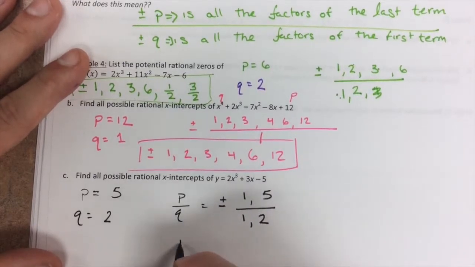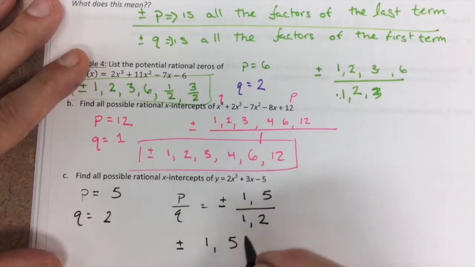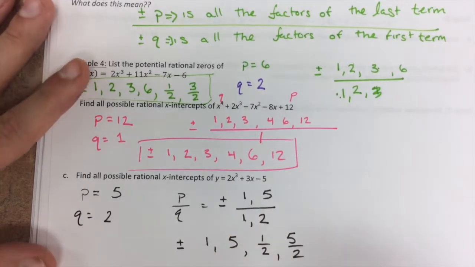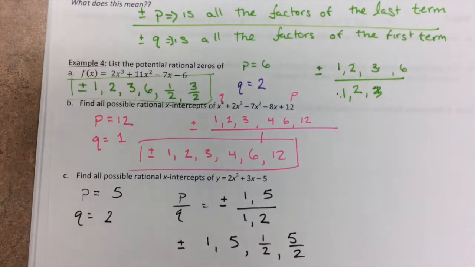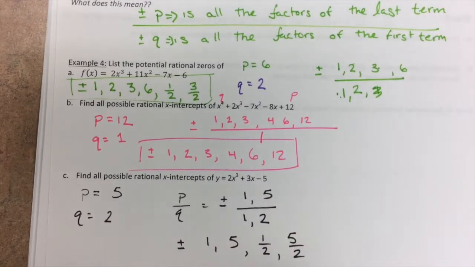So my list is plus or minus 1, 5, that's 1 divided by 1, 5 divided by 1, 1 half, and 5 halves. All of these are my potential zeros for this. All right, let's flip it over.